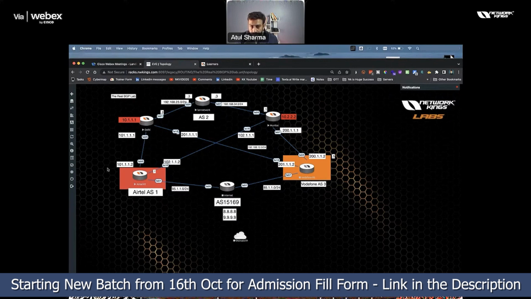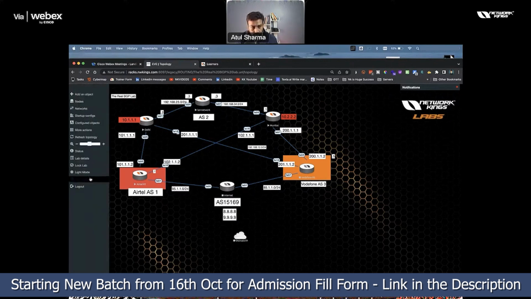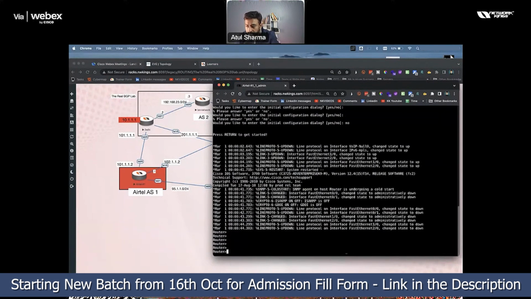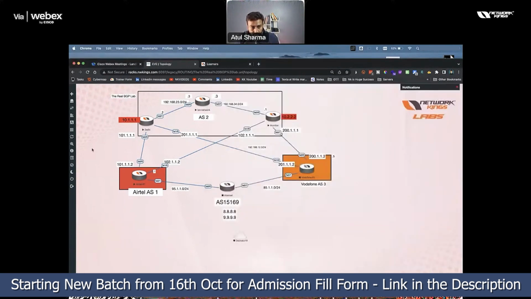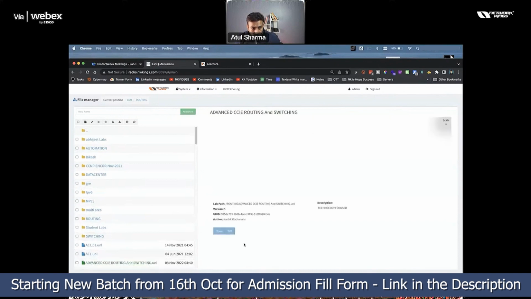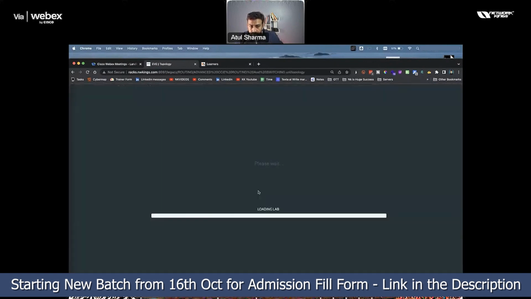So these were the labs I was showing you. You will be able to do these kinds of labs at Networkings. You just need to turn on the devices and you will be able to configure all the devices from here. This is not just one lab. We will give you 100 plus labs where you just open the lab and start doing the configuration.